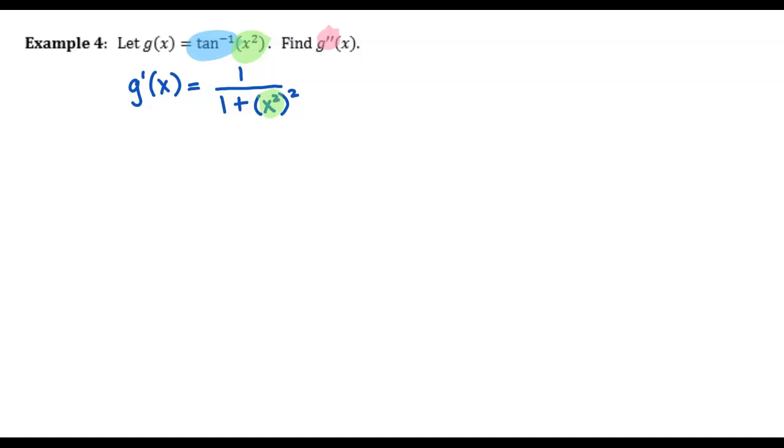We are doing 1 over stuff, or in this case, 1 over 1 plus stuff squared. And then, of course, if we want to move a little slower, we could write down we still need to take the derivative of that inside function, but we're past that. We're past those times in our lives. So we're just going to go ahead and do that.